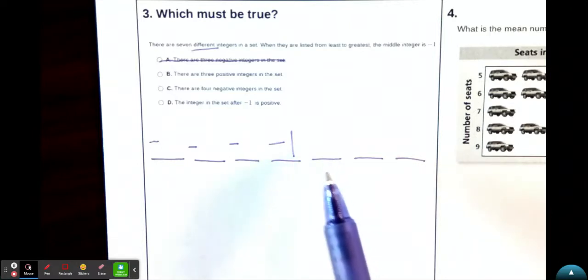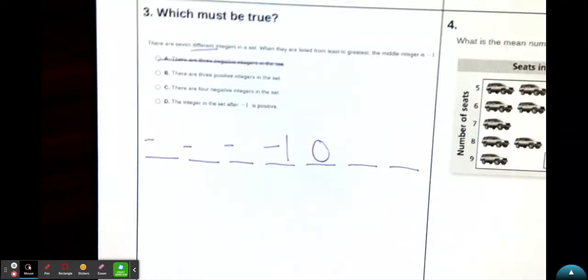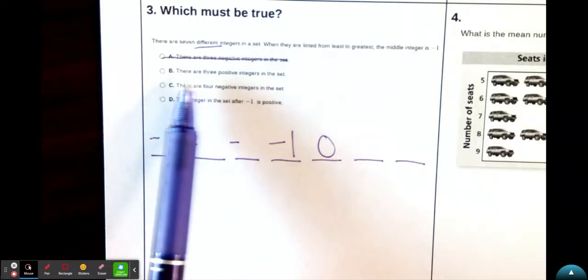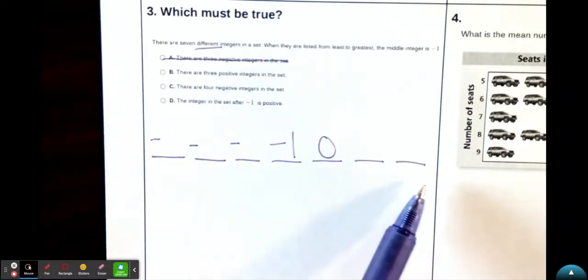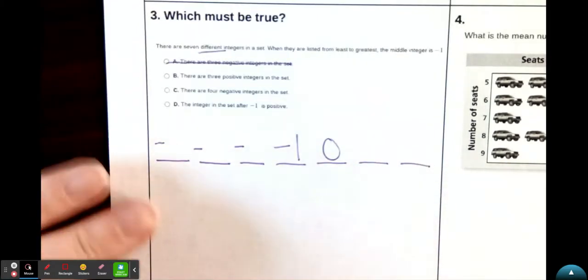I didn't read that it's different. They have to be different. So what is the smallest possible answer for this one right here? Is 0 a positive integer? No. No, it's not positive or negative. So when it says there are 3 positive integers, is that necessarily true? No, because it could be that there's just 2. Most likely there are 3, but it could be that there's just 2.